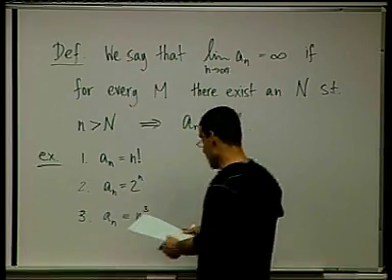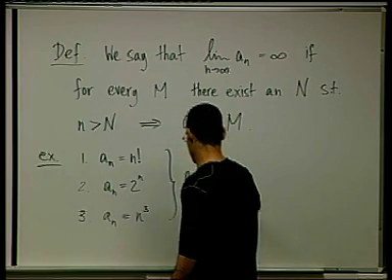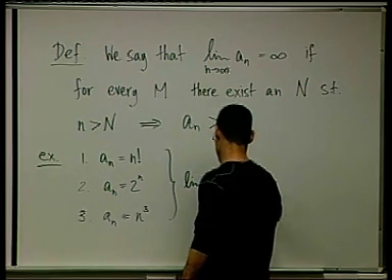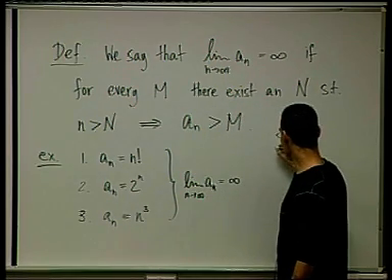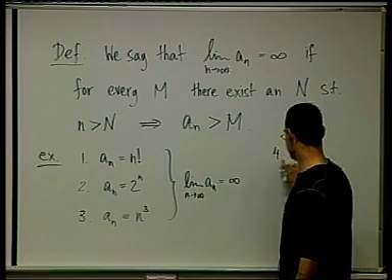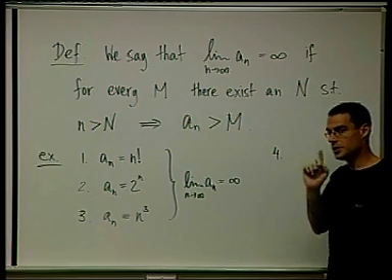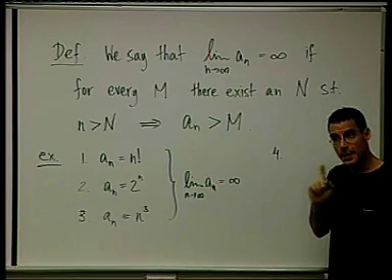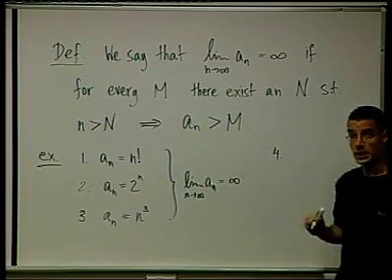Can you give me an example, so all of these satisfy that the limit is infinity? Can you give me an example of a sequence, listen to this, a sequence which is not bounded, but doesn't go to infinity.